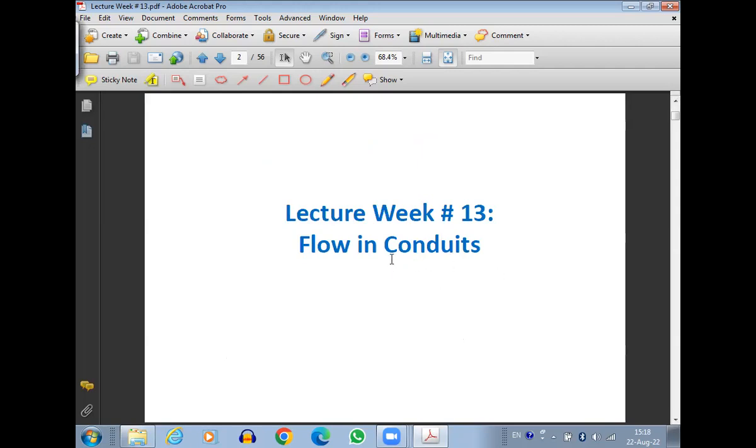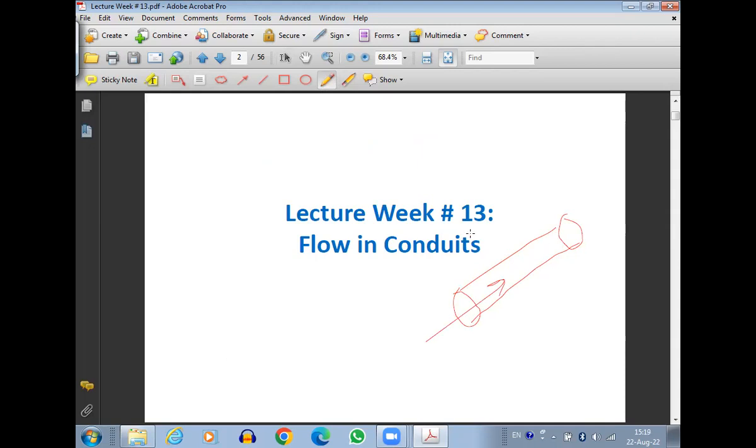Okay, so the first thing is, what is a conduit? A conduit is basically any pipe or any structure through which the flow can proceed. For example, if I have a pipe and the fluid flows through that pipe, this pipe is considered as a conduit.